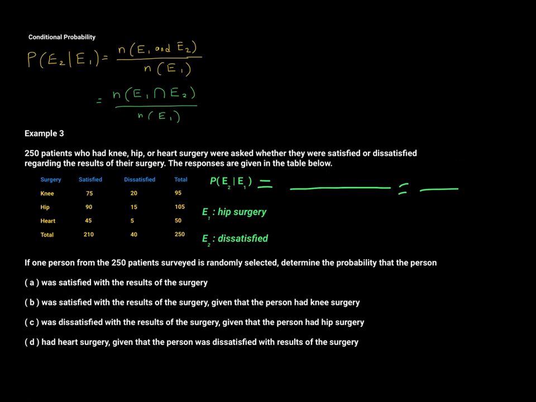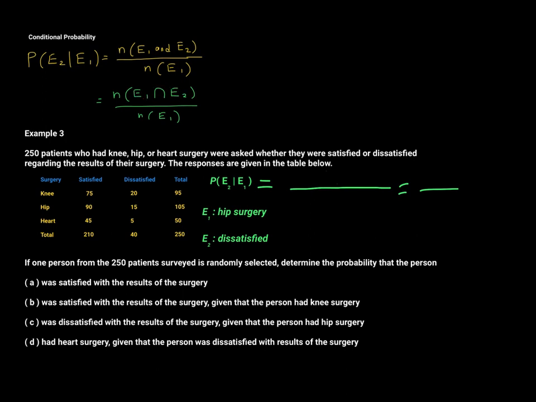Here we go. Conditional probability that the second event will happen given that the first event has occurred. Keep in mind the given part is that this patient had hip surgery, and we're trying to figure out the probability that the person is dissatisfied. So here's the formula. We're looking for all of the people that are in both sets.